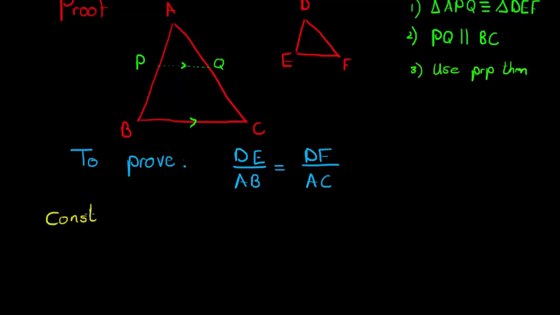That makes this one a little bit simpler. Actually, let's say construct point P on AB. So P didn't exist there, remember? I drew it in now. Okay, so we draw P on AB so that AP is equal to DE.